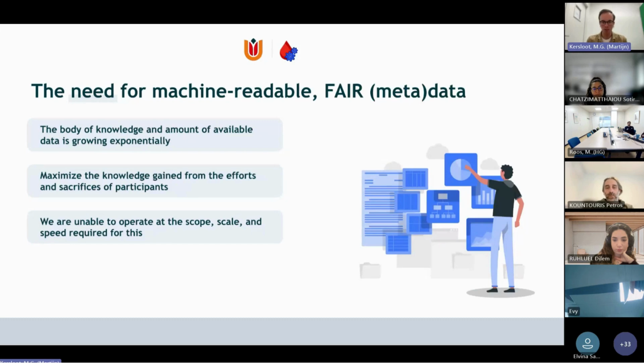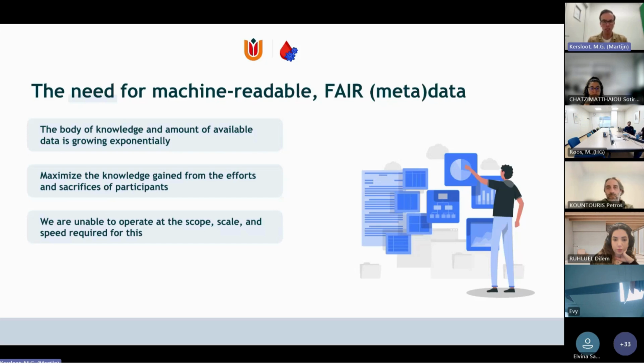So I've been talking around FAIR data and making data machine readable, but why do we need that then? So I said, we collect lots of data. You've seen this research data lifecycle, and over the years, this body of knowledge that we are building together with all these researchers and the amount of available data, so the data we store, is growing exponentially. And we involve lots of participants in the research that we do.